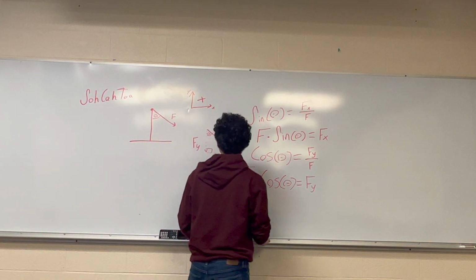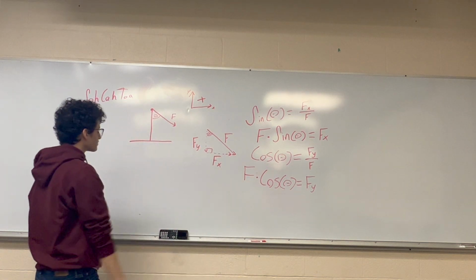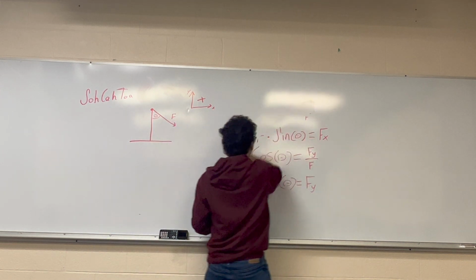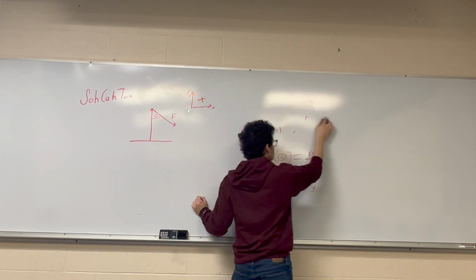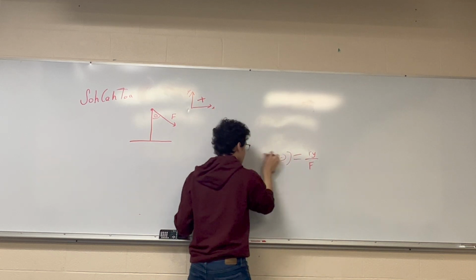Now, if we actually knew these things, we can compute it. We can find real numbers for these things. So let's do that. Let's find the real force's x and y components.